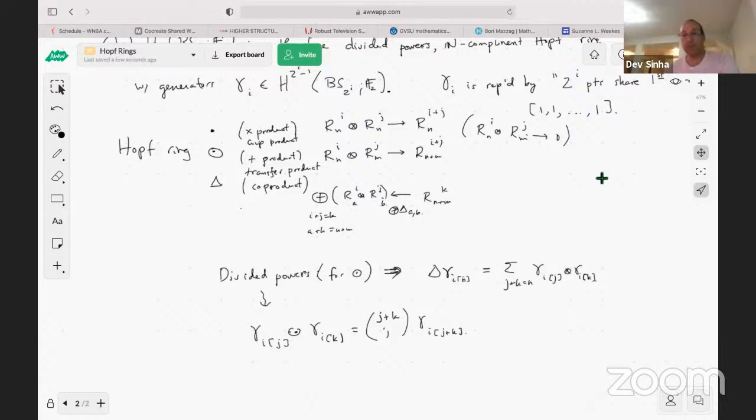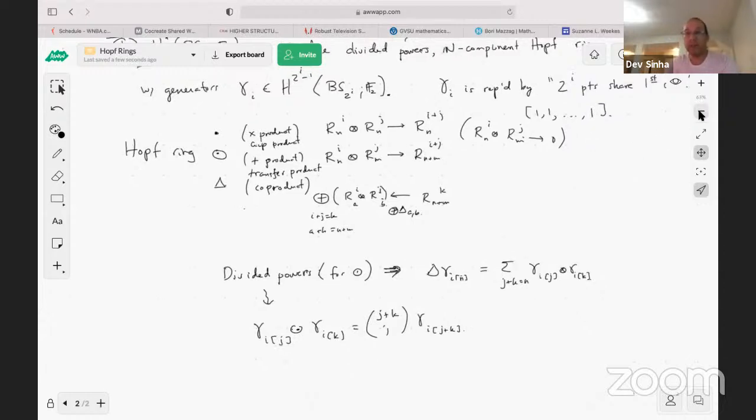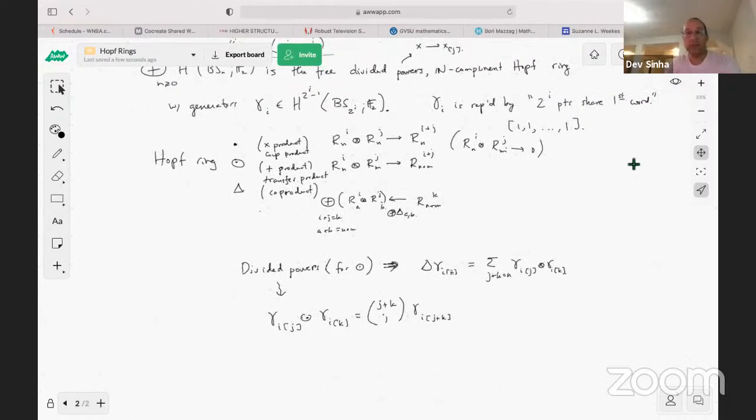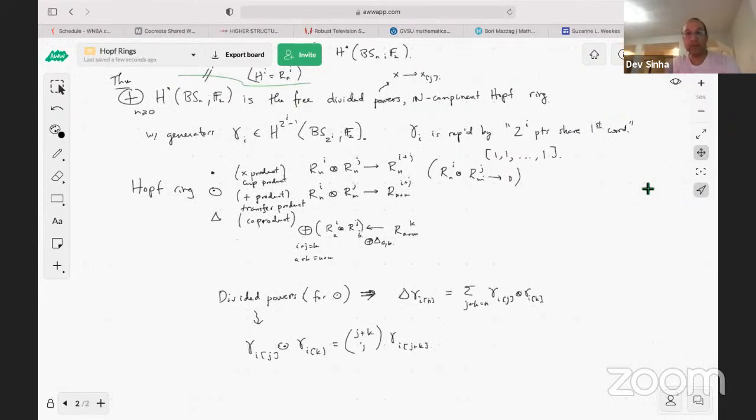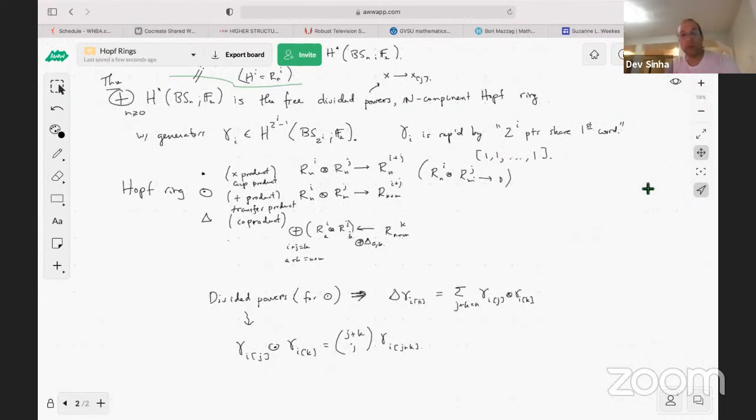And then you get this coproduct formula in the bialgebra setting. Okay, these are the rules, a relatively short set of rules.